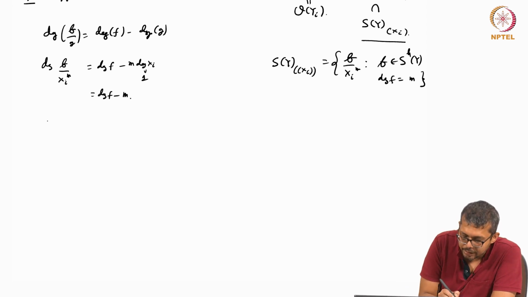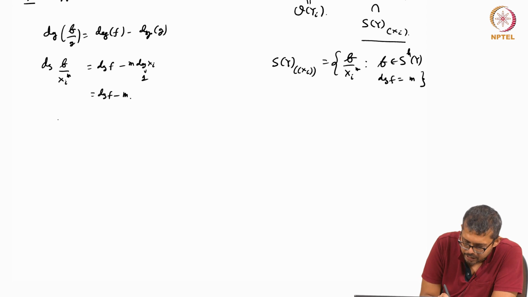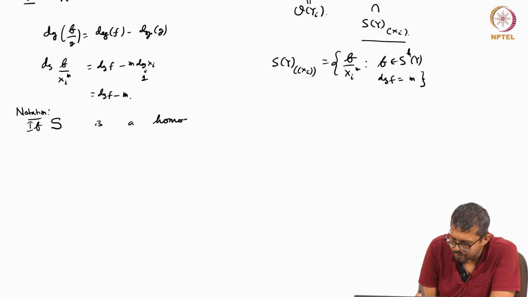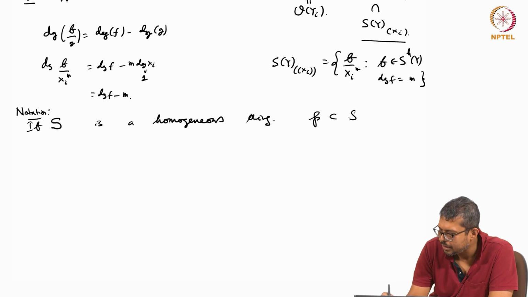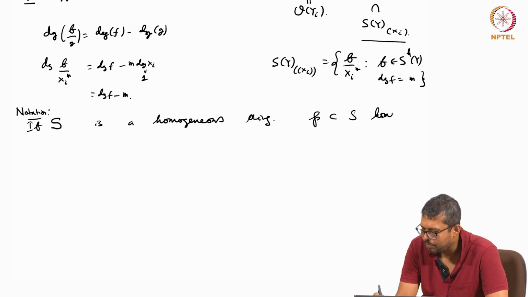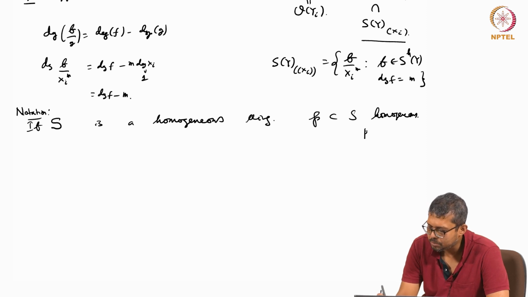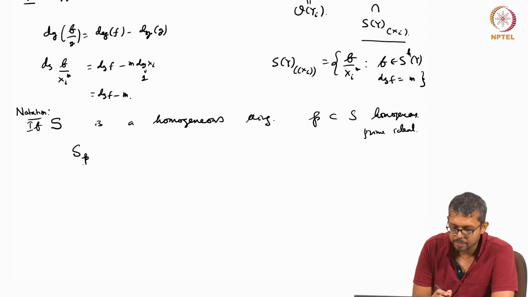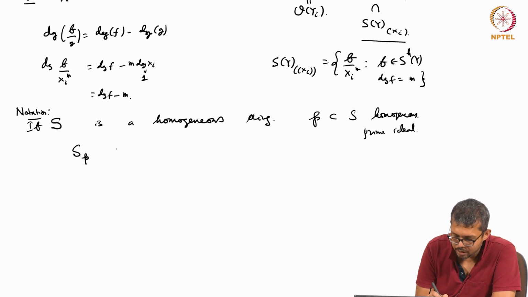So this is in general. Suppose S is a homogeneous ring. So this is a notation. If S is a homogeneous ring, and P is a homogeneous prime ideal (mostly we will work with homogeneous prime ideals), then you consider the localization S_P.